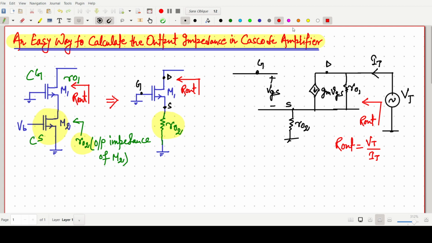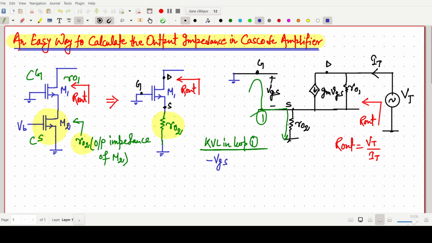In this case, the first thing we have to do is apply Kirchhoff's voltage law in loop 1. By applying KVL in loop 1, what we can write: minus VGS, this one is a DC voltage so we can make it ground also.